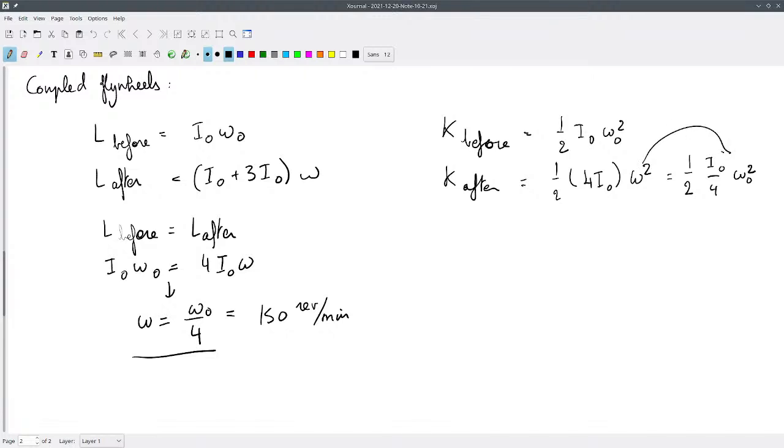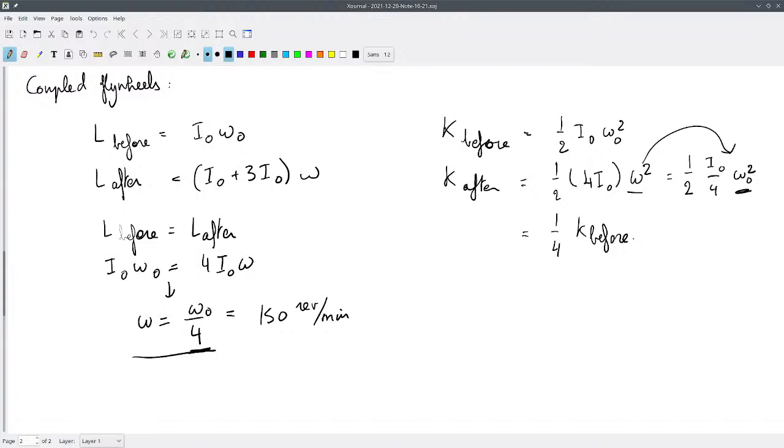I'm just replacing my omega with omega 0 over 4, and that gets me 1 extra 4 in the denominator, and that is 1/4 of the kinetic energy before.